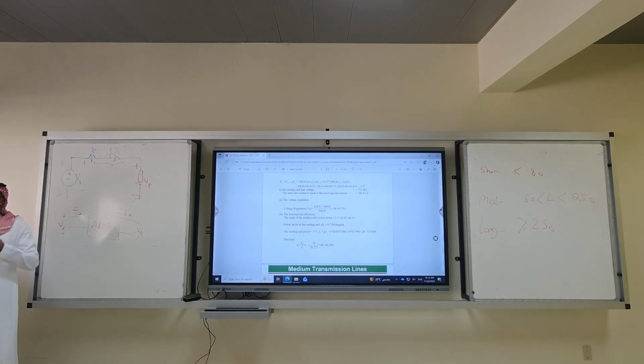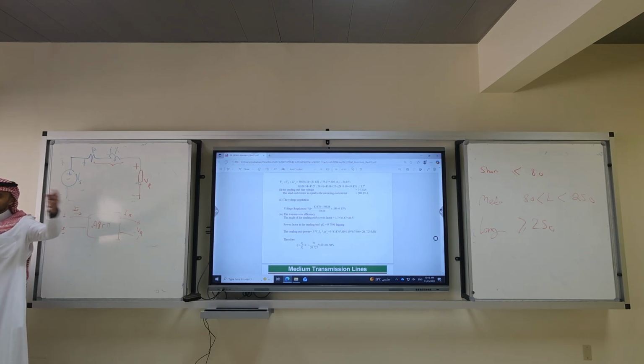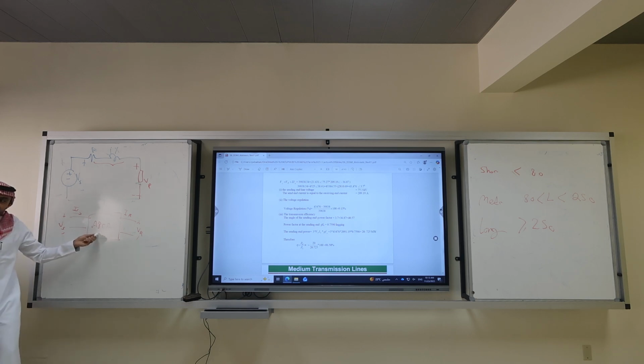In EE 460, 463, those courses in level 4, you're going to see 3, 4, 7, and you have a systematic way of doing things. That's why we put everything here as a matrix, A, B, C, D. In the software, you have to put them in the matrix.